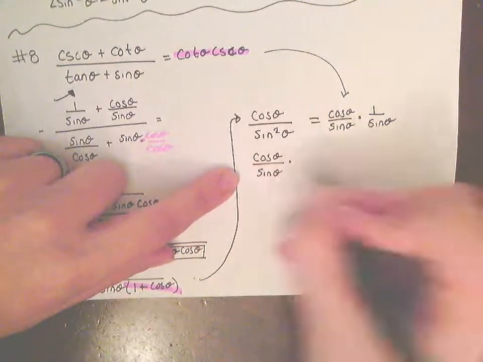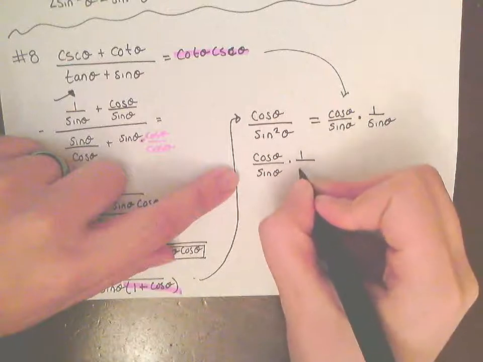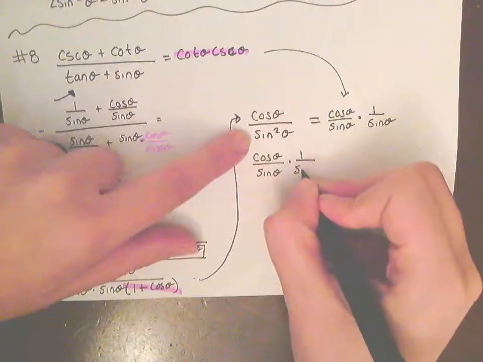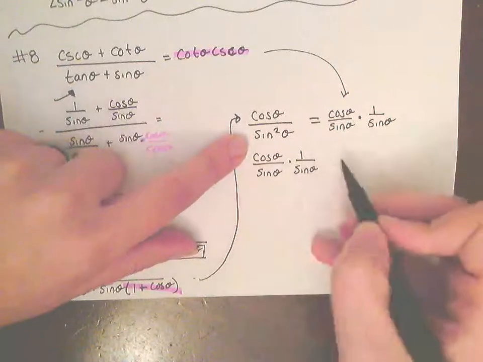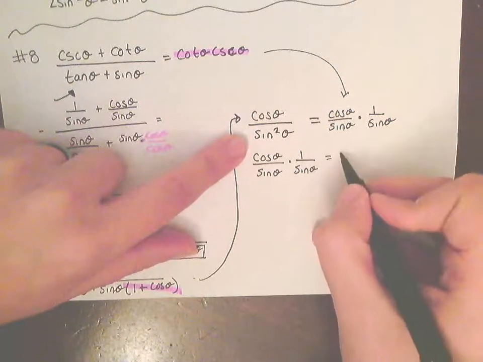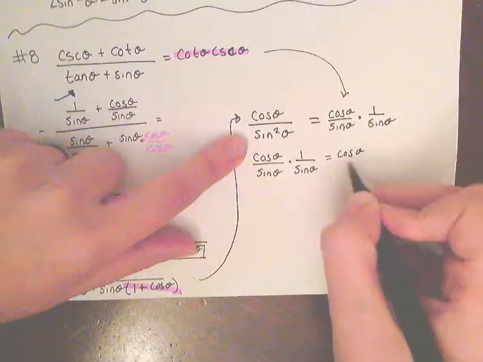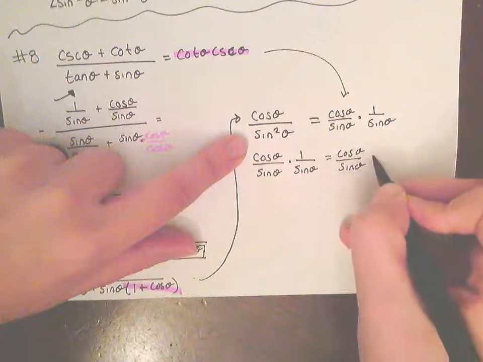times 1 over, still have one more sine of theta, because remember this is multiplication, so I'm just multiplying. And then what do you notice? It looks the same thing as this side.